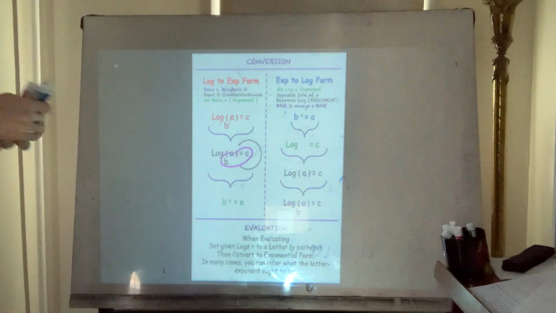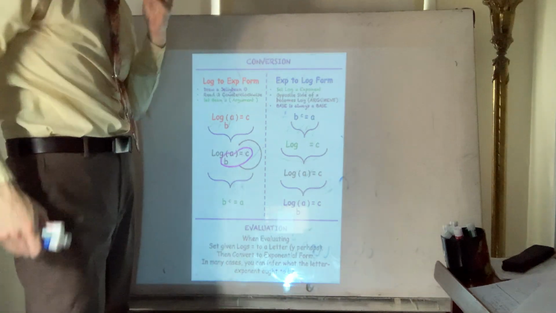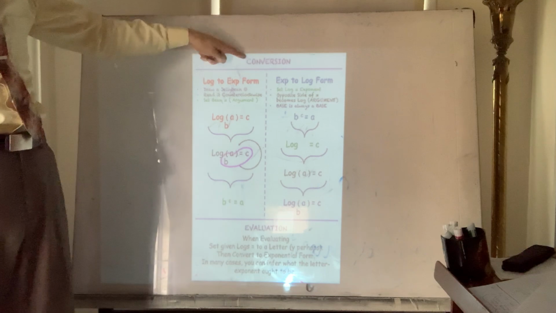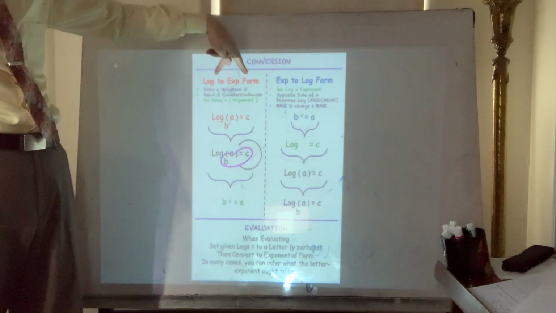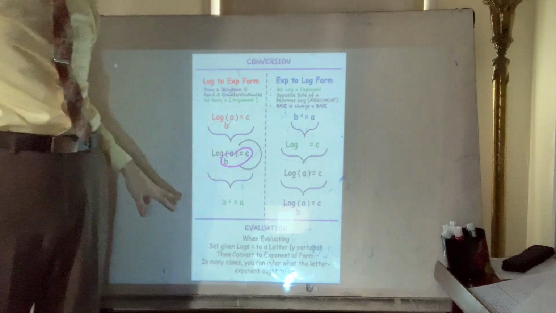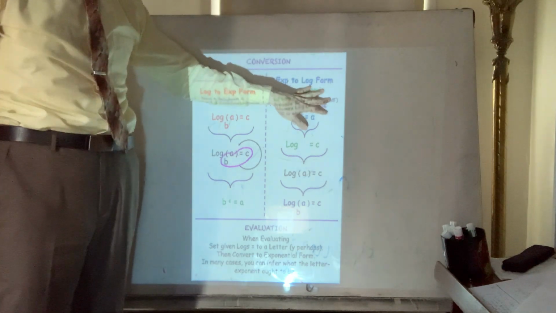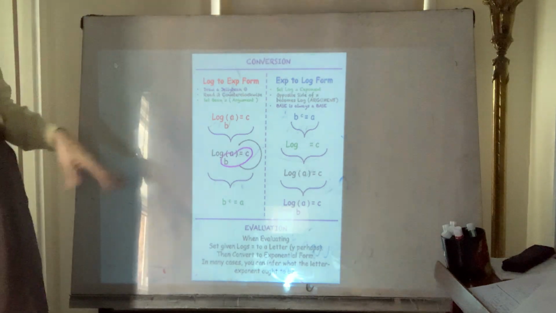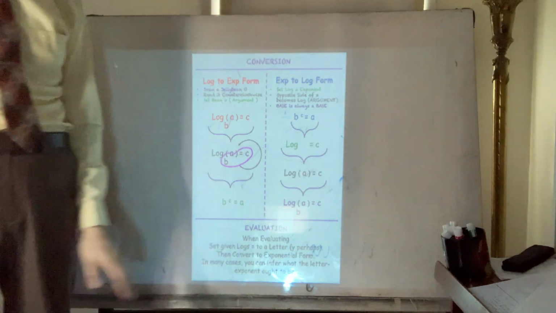There's a couple of things that you'll be dealing with, especially in section 6.3. Converting from one form to the other, as they're inverses, forward and backward, and then actually evaluating them. So this is what I mean by the peculiar way that I deal with these.